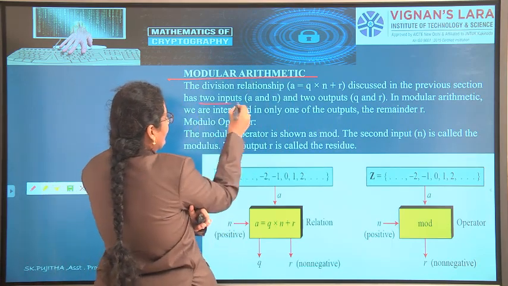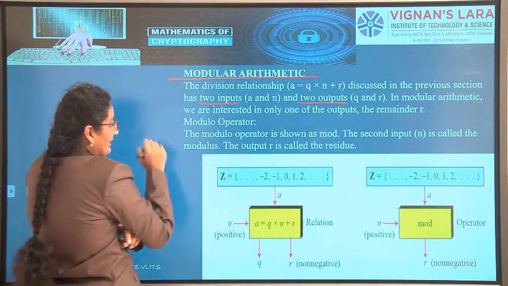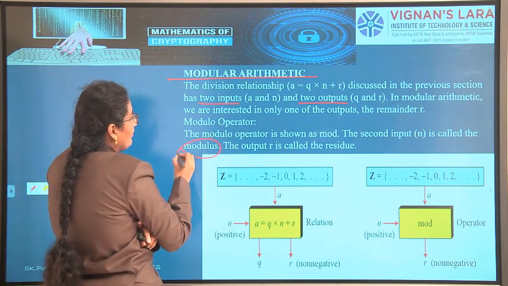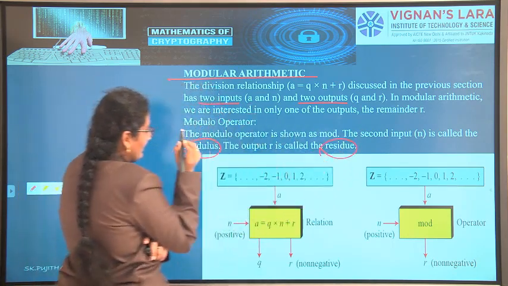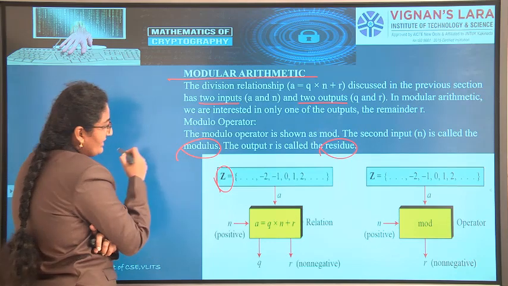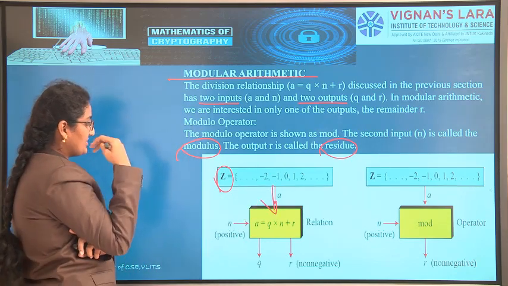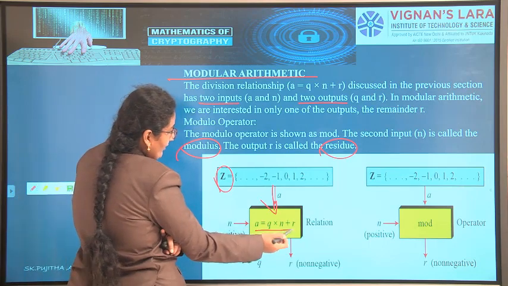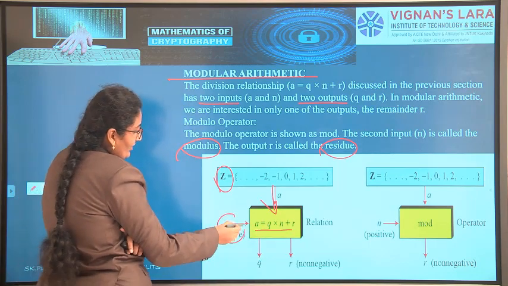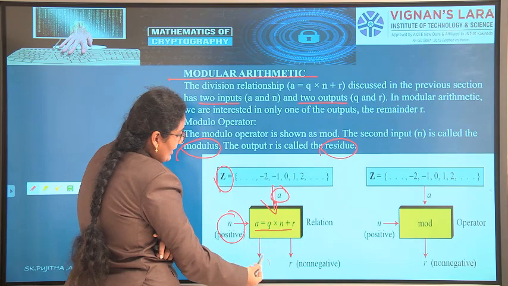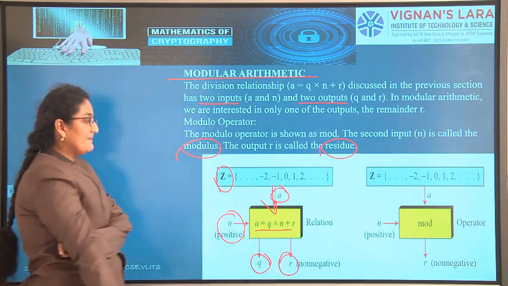In general we have 2 inputs and 2 outputs, but here we have only 1 input, the modulus, and 1 output, the residue. We are taking integers Z and performing division, where A equals Q into N plus R. Here N is an input, A is an input, Q is an output, and R is an output.